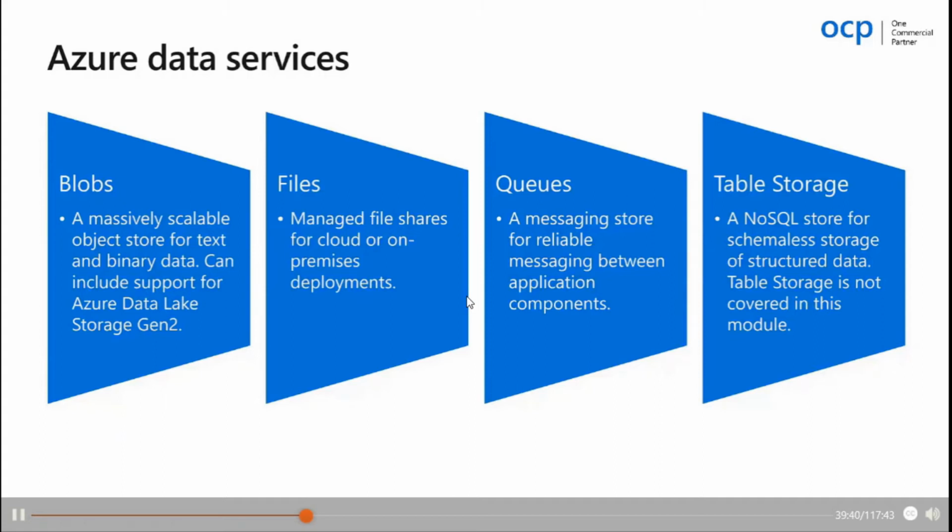With files, even if I can also use a REST interface, I also have an SMB endpoint. That means I can go to a Windows or a Linux machine, create a mapped drive, and have the drive Z correspond to a file share on an Azure Storage account. So we have that possibility.